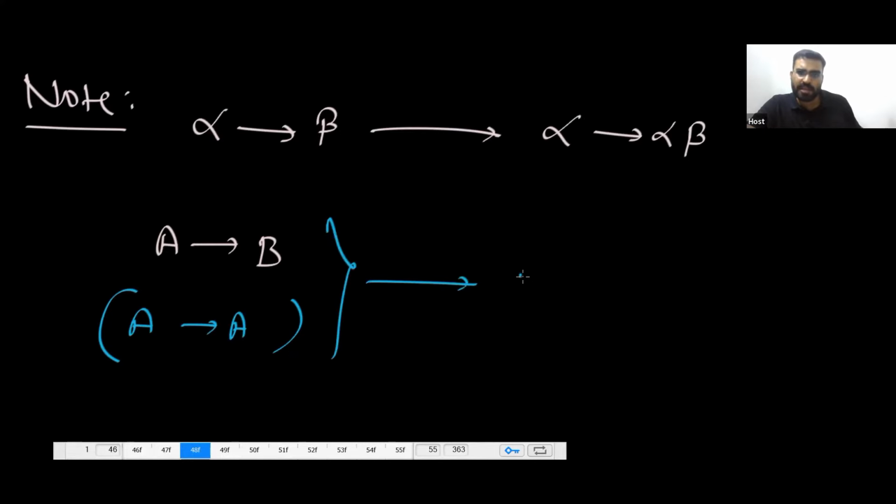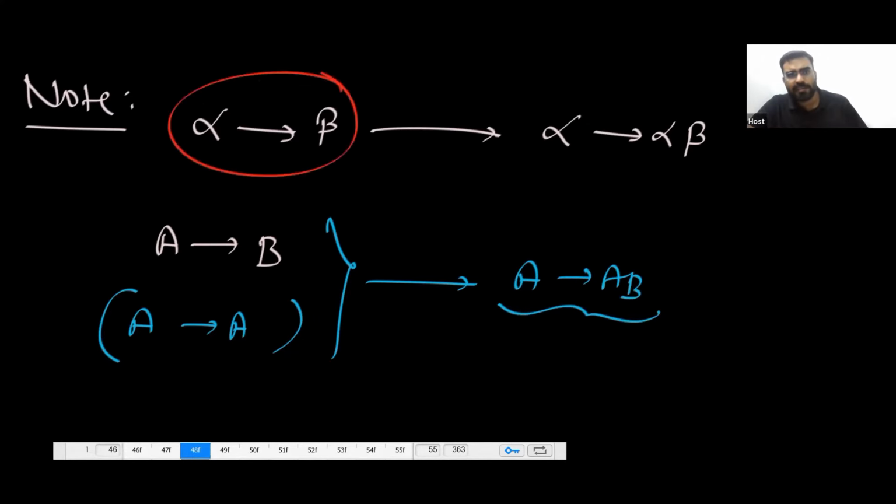So from these two, I can say that A can determine AB. So if alpha can determine beta, then alpha can determine alpha beta. And you can also go in this direction, by the split rule.